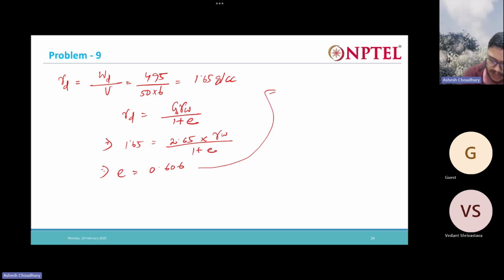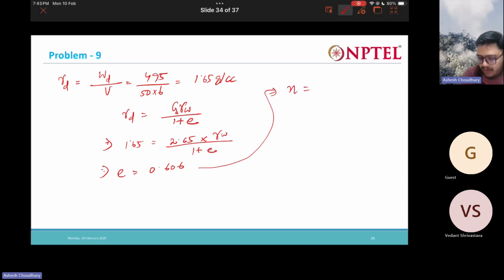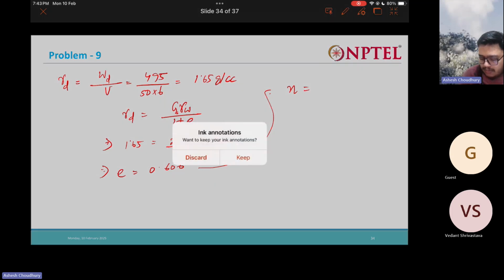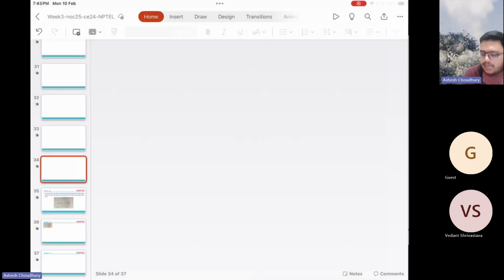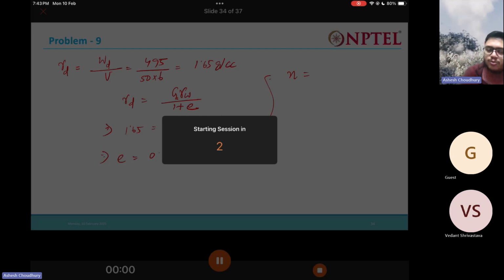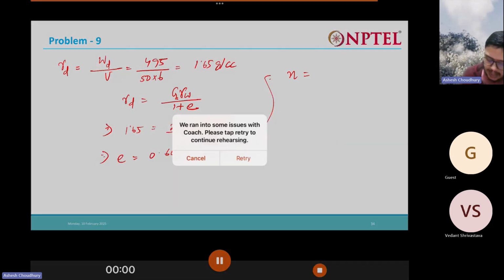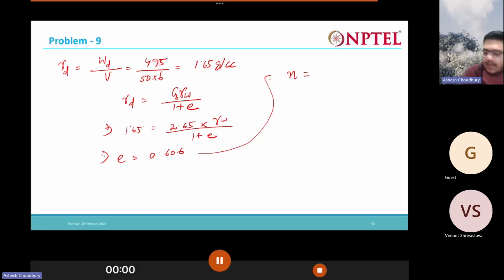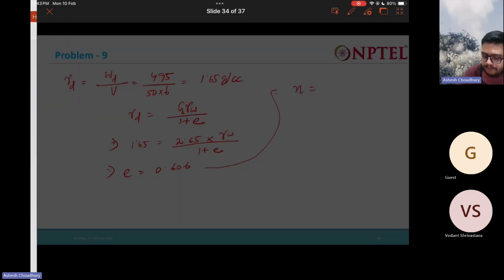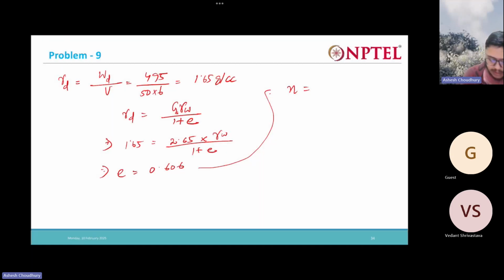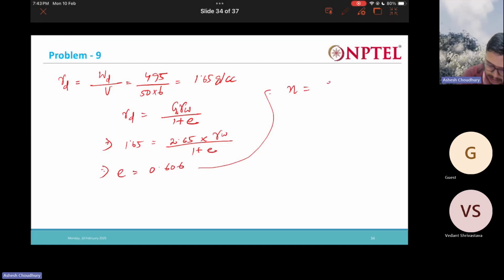Now if I know the E, I can easily find out the N, the porosity. So we know the relation between the porosity and the void ratio. N is E by 1 plus E. So this will come out as 0.377.